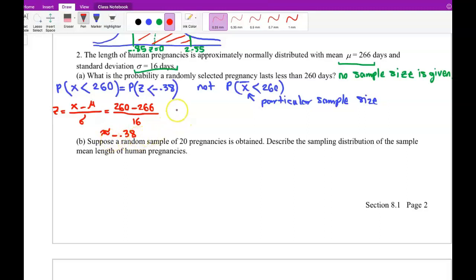Okay, so then finding the answer for that part. So after that, we have this part. Using the table, finding z equal to negative 0.38.